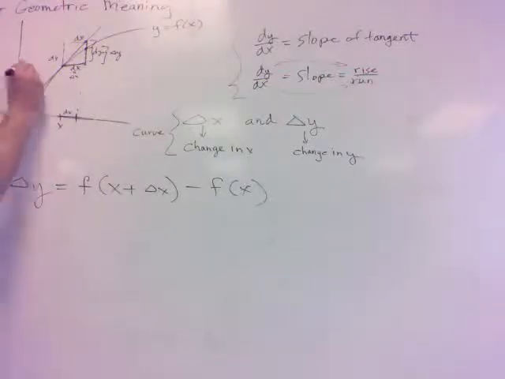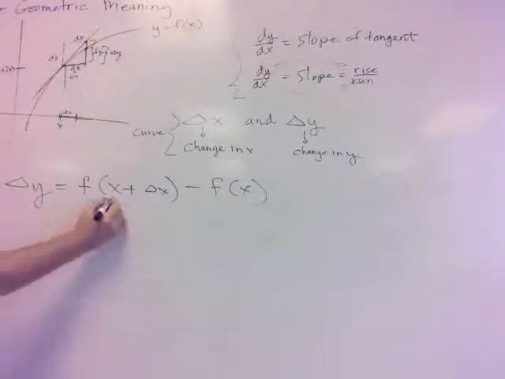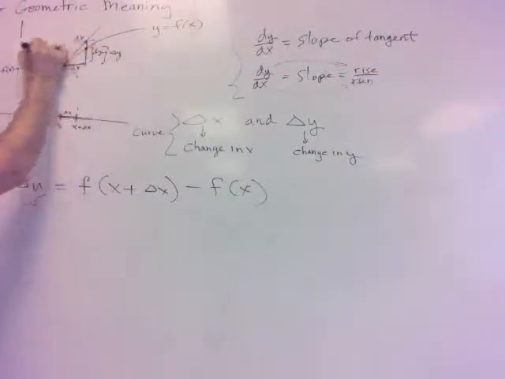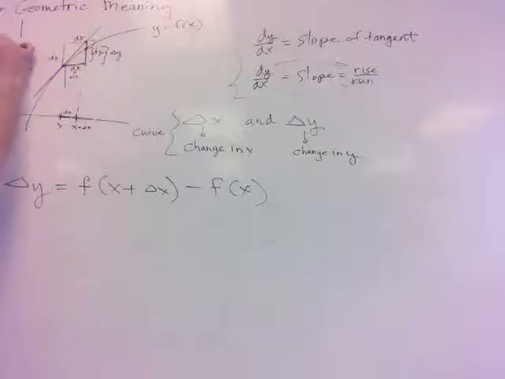Well, look at this. f of x, that would be this much. It's the function at x. x plus delta x, well, isn't this x plus delta x right here? So this other point is f of x plus delta x. So delta y, this much, is take the difference of those two. That's all it is.